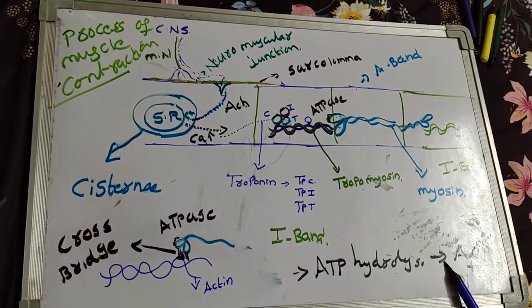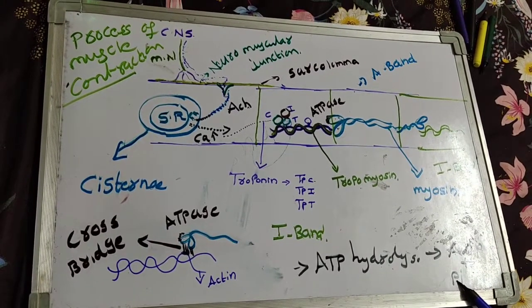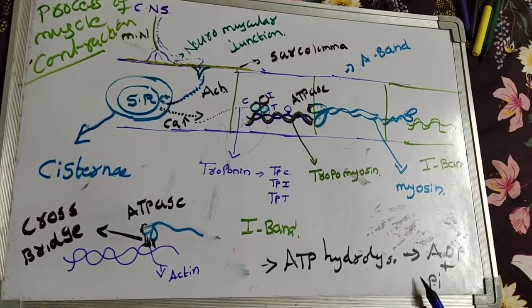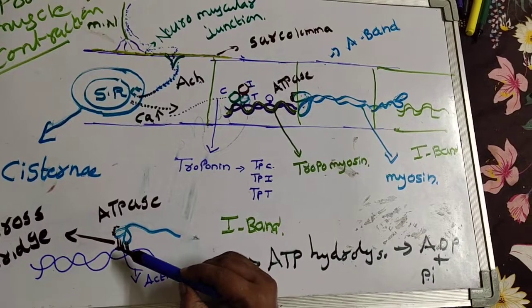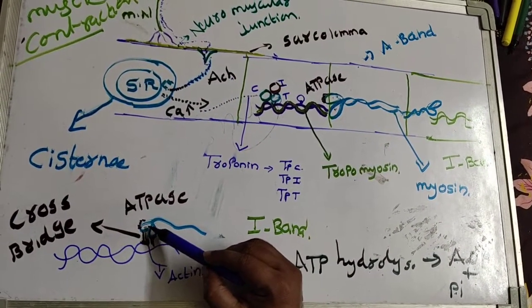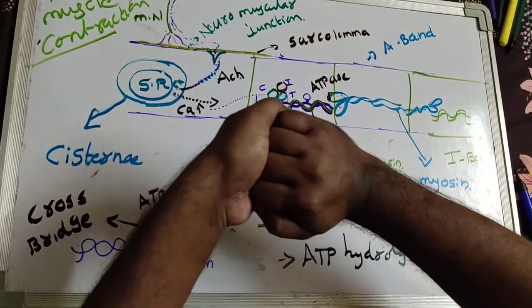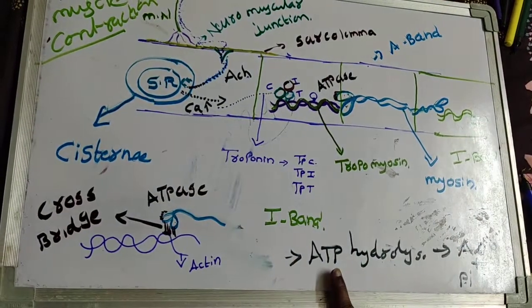It is converted to ADP plus Pi, adenosine diphosphate and inorganic phosphate. By using this adenosine diphosphate and inorganic phosphate, the cross bridge formation takes place between the globular head and actin. For cross bridge formation, compulsorily we need 1 ATP.